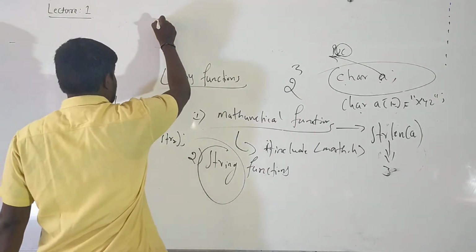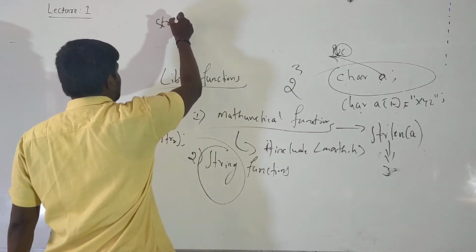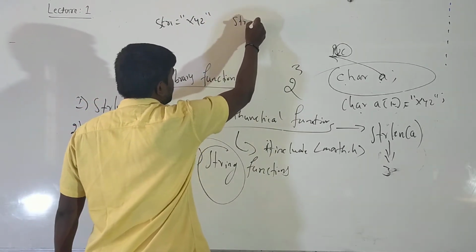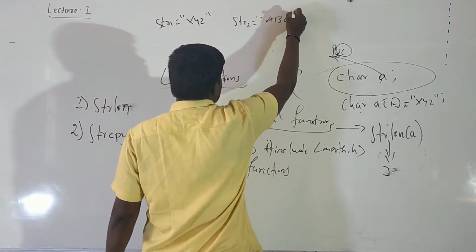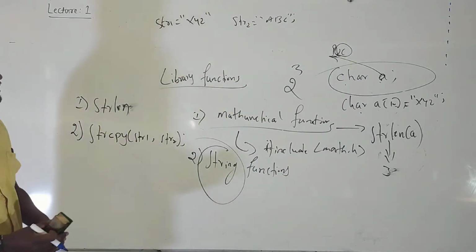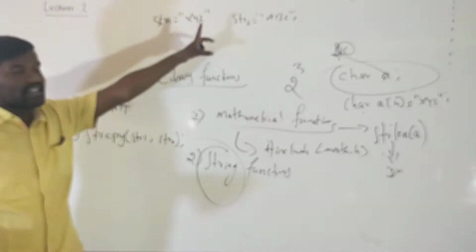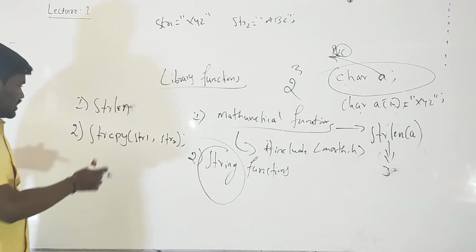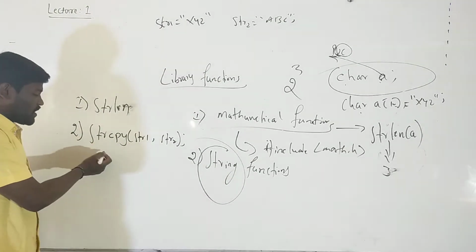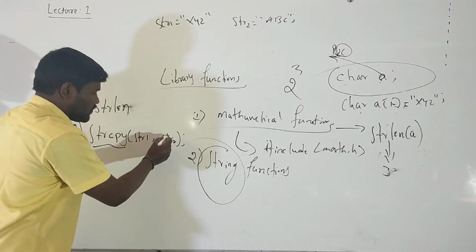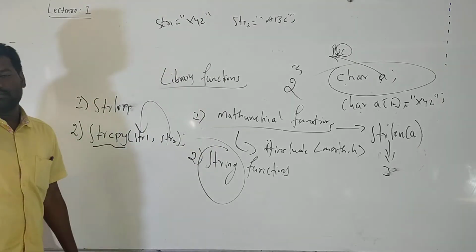See here. Here str1 value is xyz and str2 value is ABC. If I apply strcpy for string 1 and string 2, strcpy means string copy. It is used to copy the string from string 2 to string 1.